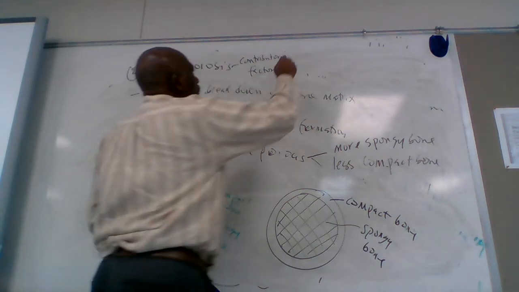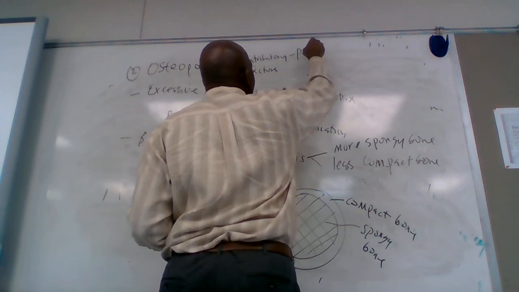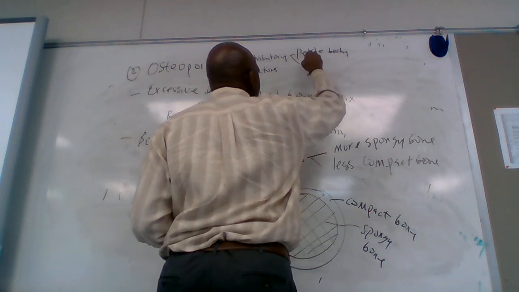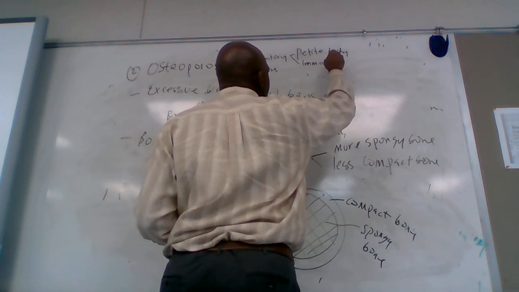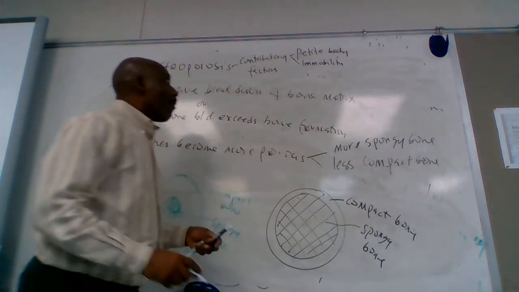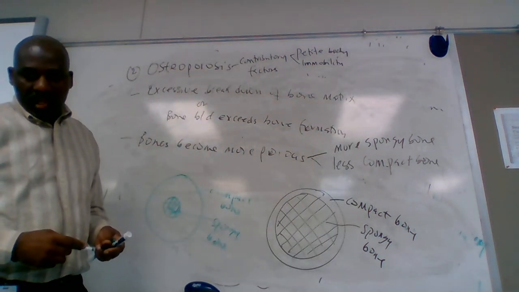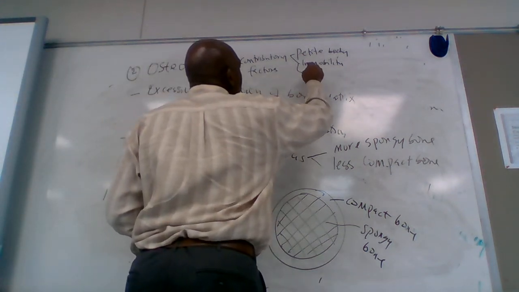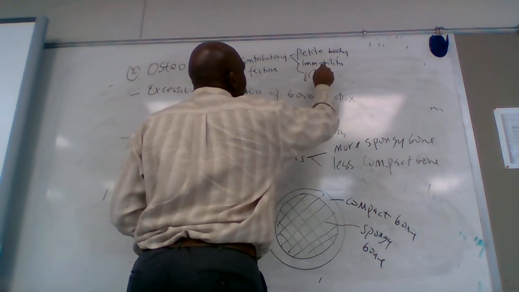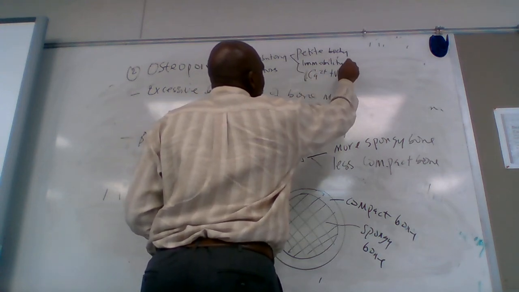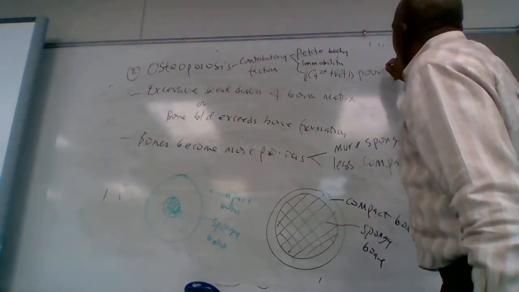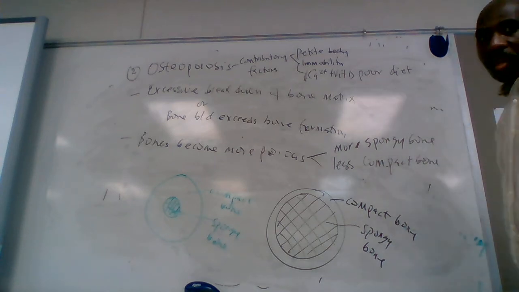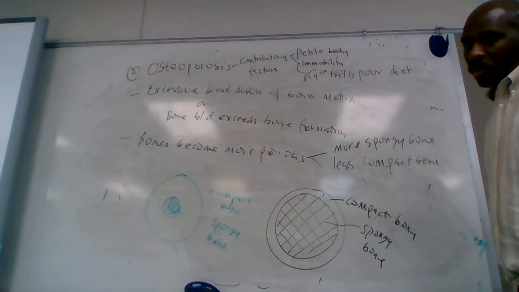We have petite body form, immobility if you do not exercise, and a poor diet, lacking calcium ions and vitamin D.